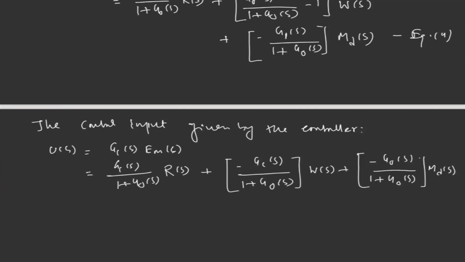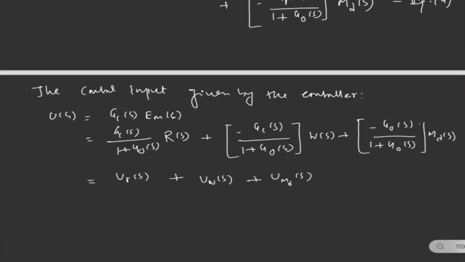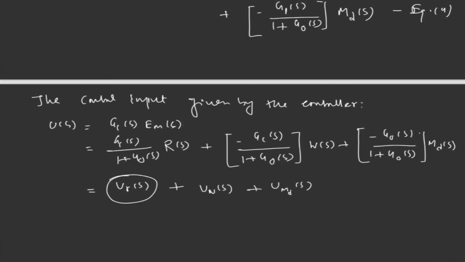If you look carefully at this expression, the first term we can write U(R)(S), the second term U(W)(S), and the third term U(MD)(S). The first term is the relation between the control input and the reference signal, the second term relates the control input and measurement noise, and the third term relates the disturbance and control input.